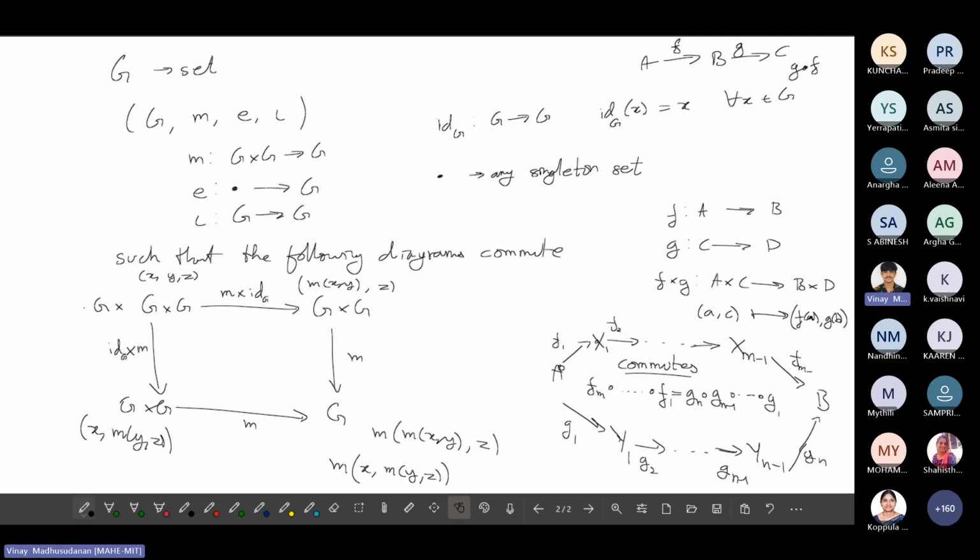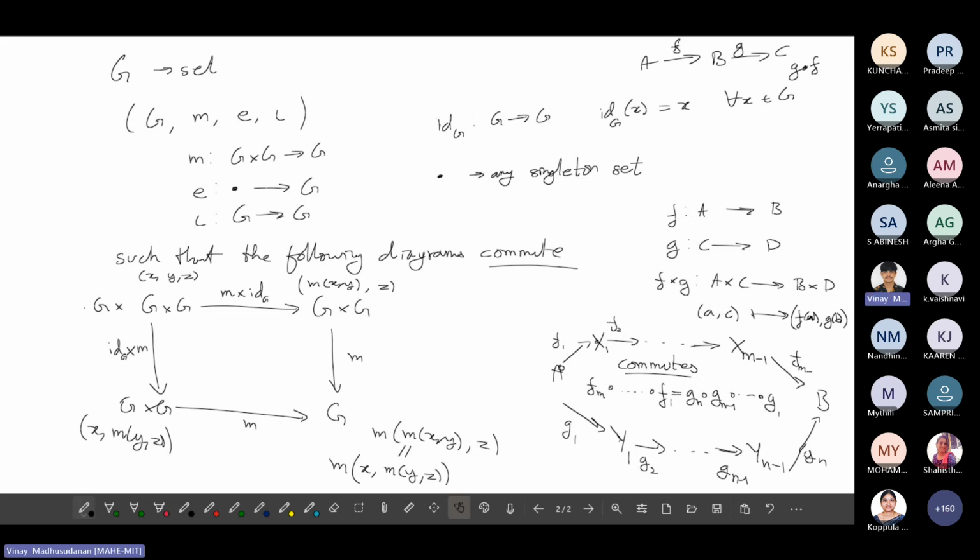And when you apply this composition M after ID cross M to the same element, what you get is M of x comma M of yz. Correct. So this commutes means that these two are equal.